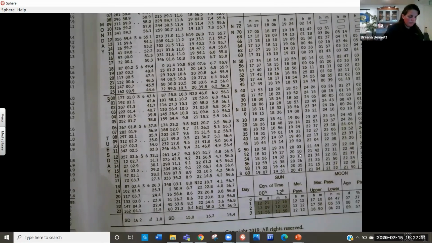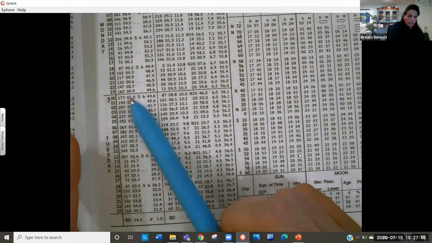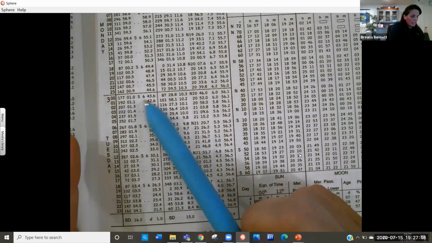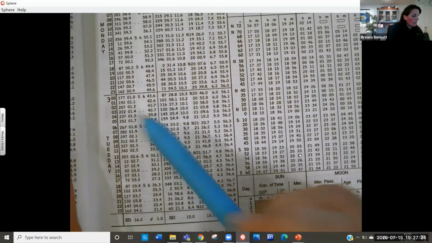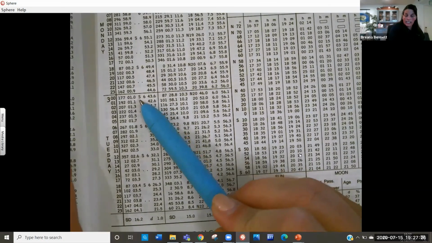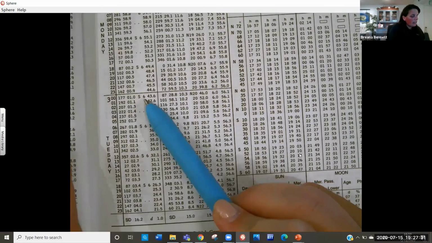Okay, so this is the GHA, and this is the declination. And I'm looking in the sun column. So the S tells us the declination is south. It's south of the equator. And then the 6 tells us it's 6 degrees.